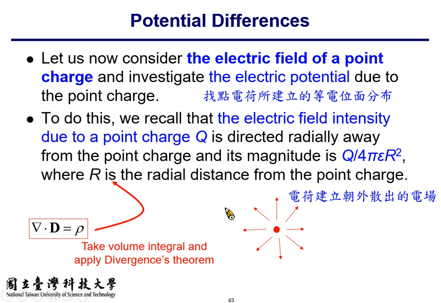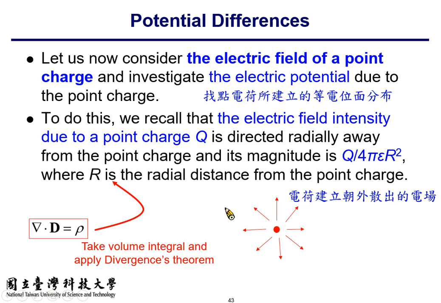So it's proportional to the amount of charge and inversely proportional to the square of the distance to the observation point, and the direction of the electrical field is symmetrical as a sphere, like this.